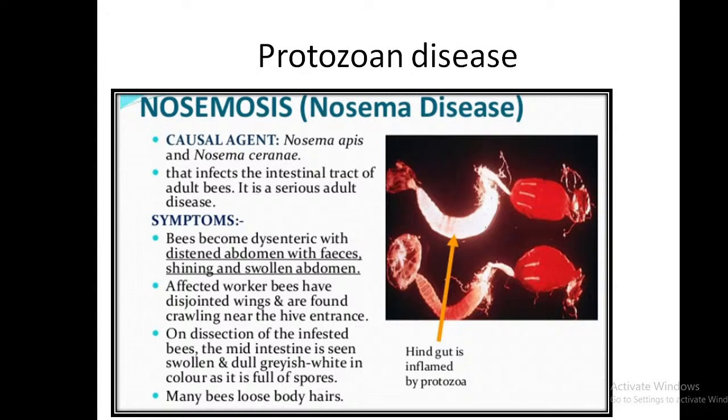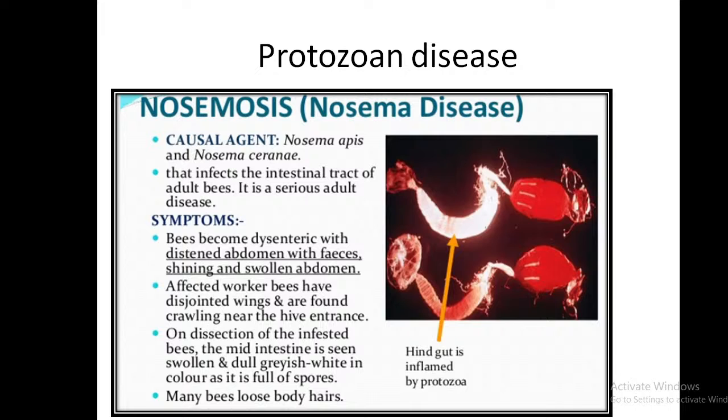So the causative agent of nosemosis is the protozoan, Nosema apis or Nosema ceranae, and it affects the intestinal tract of the honeybees.